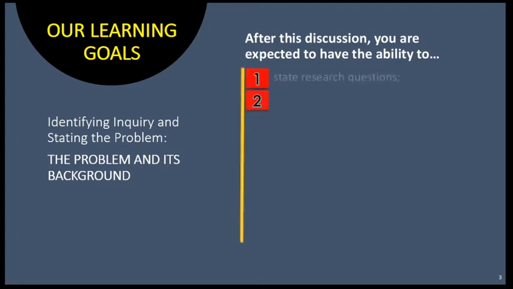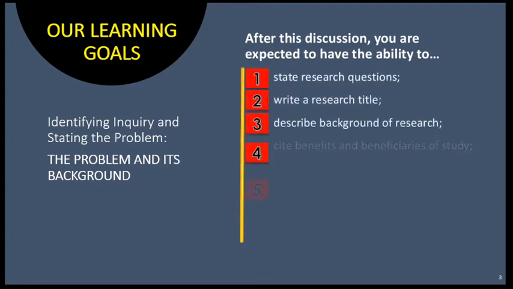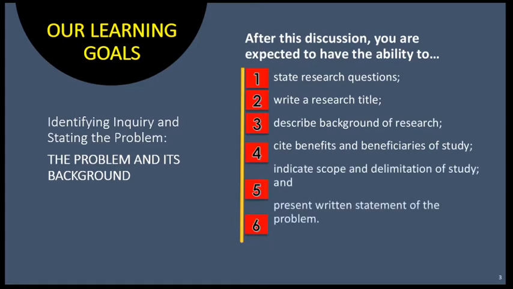After this discussion, you are expected to have the ability to state research questions first. Second is to write a research title, which some of you already have, but almost all of you did not submit your research title yet.